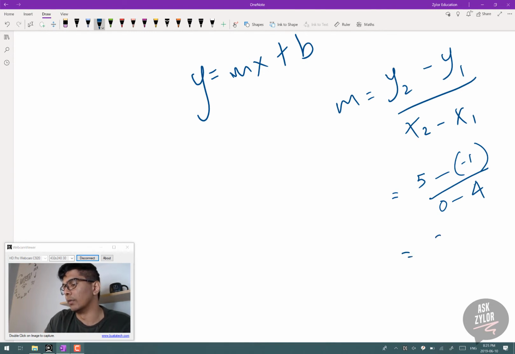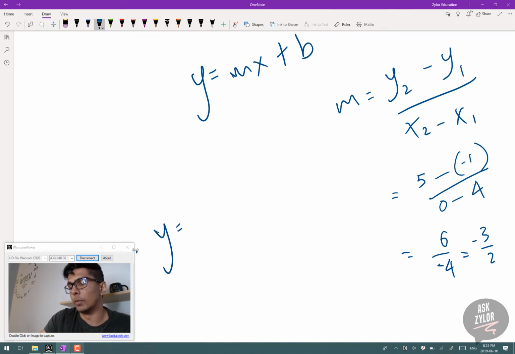This ends up being 5 plus 1, which is 6, over -4, which gives me -3 over 2. Okay, so we have the slope for the equation. y is equal to -3 over 2 x plus b.